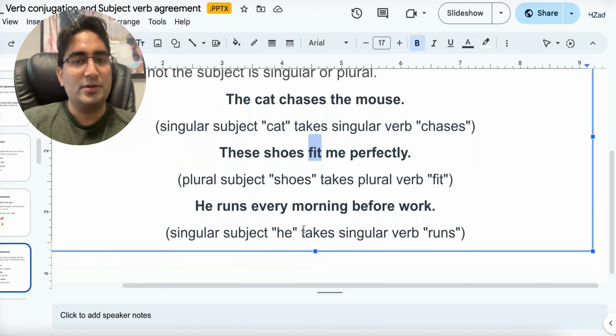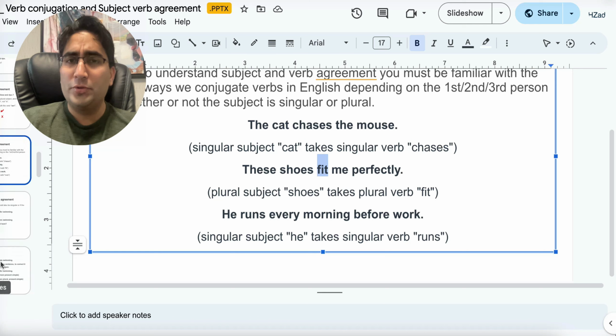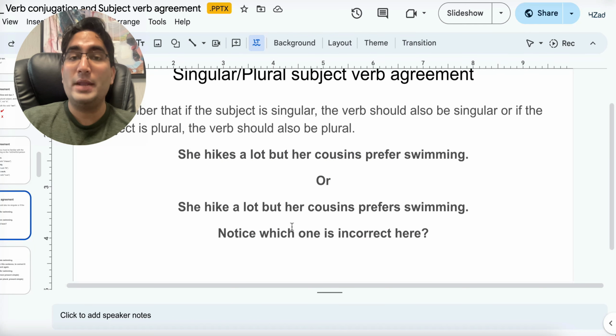These shoes fit me perfectly. He is one person, so he would be with S when it's the verb. So you simply put an S with the action or with the verb when the subject is singular. But in this case, shoes was plural, so we did not put an S with the verb. Okay, simple rule, all right, but something you got to remember and practice.